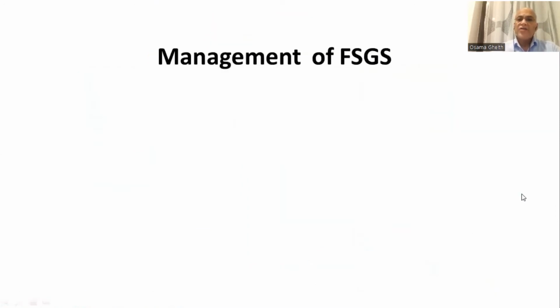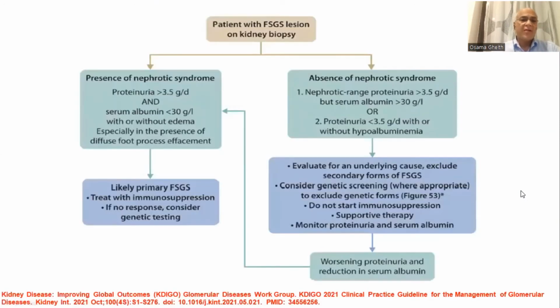How can we manage FSGS? According to the KDIGO guidelines, if there are features suggestive of the primary form, like heavy proteinuria and hypoalbuminemia with or without edema, we consider immunosuppression plus the general measures. If there is no response, we consider genetic testing.